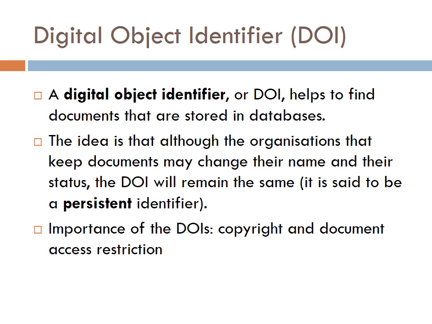A digital object identifier, or DOI, helps to find documents that are stored in databases. The idea is that although the organizations that keep documents may change their name and their status, the DOI will remain the same. It's said to be a persistent identifier. Importance of the DOI, copyright and document access restriction.